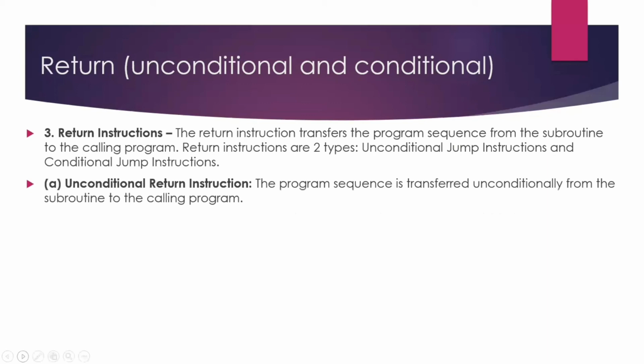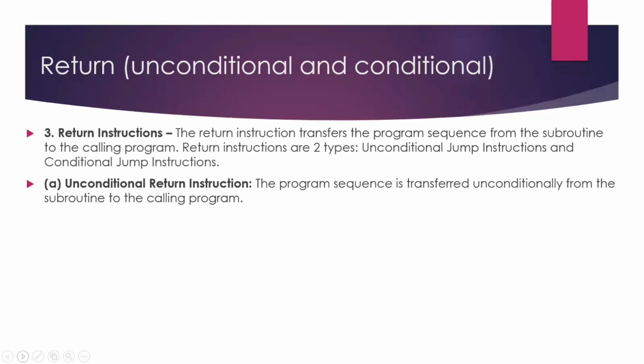Unconditional return instruction: the program sequence is transferred unconditionally from the subroutine to the calling program, getting a specified value from the call instruction. Therefore, the program sequence is transferred from the subroutine to the calling program.